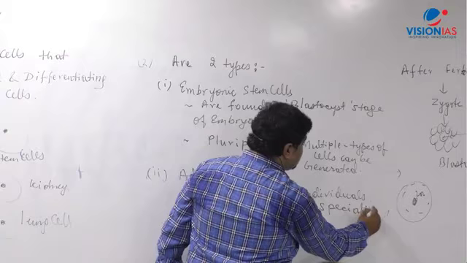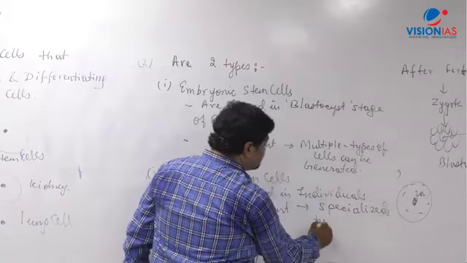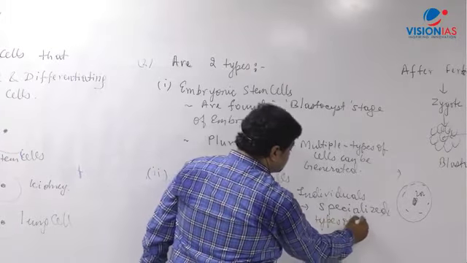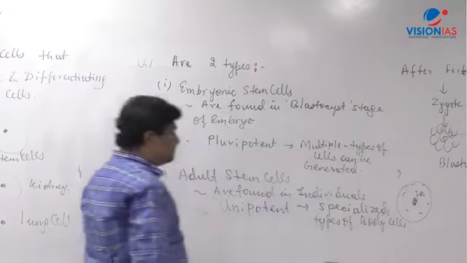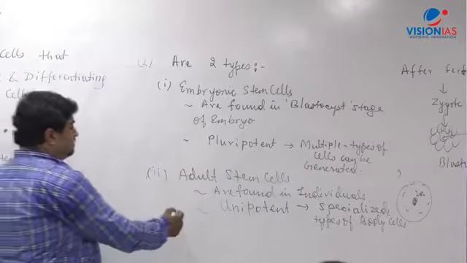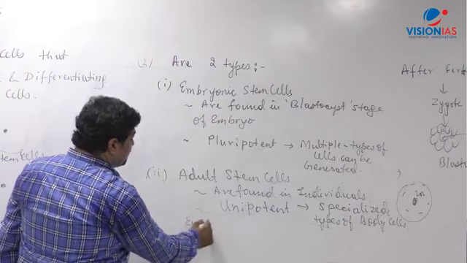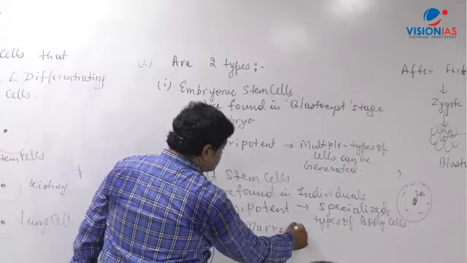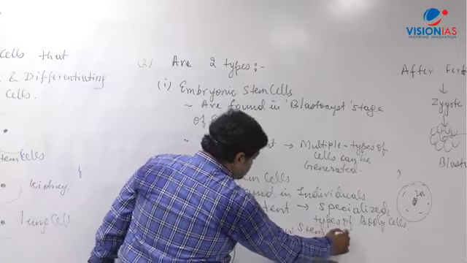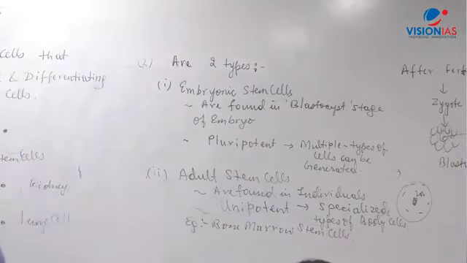They can form specialized types of body cells. For example, bone marrow stem cells can only produce blood cells.